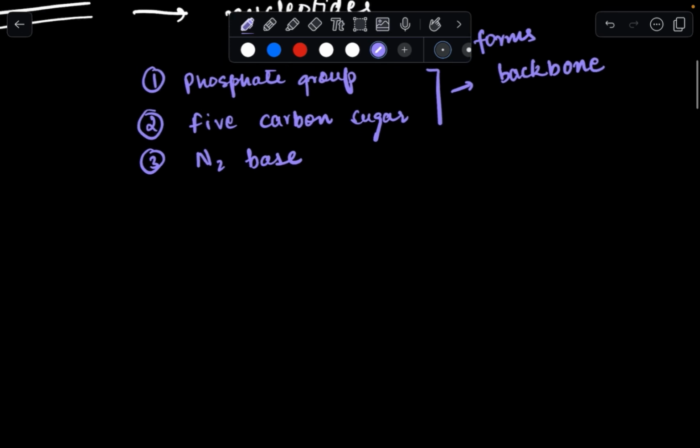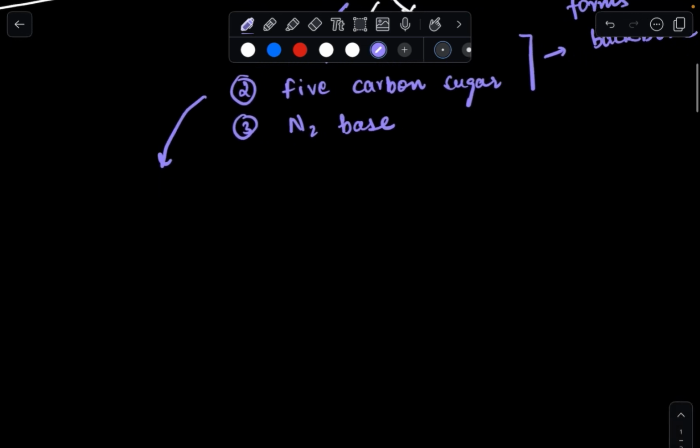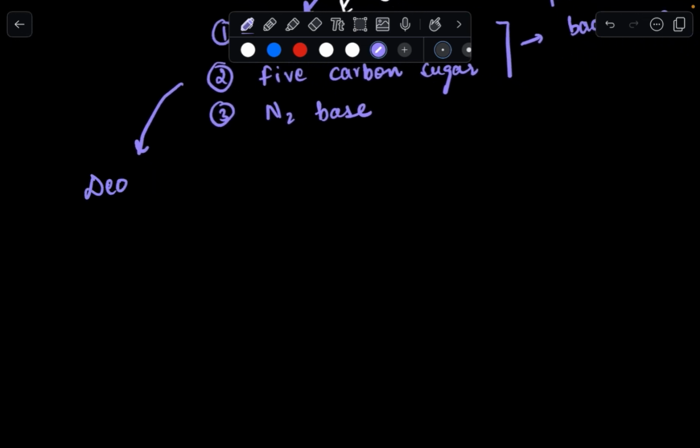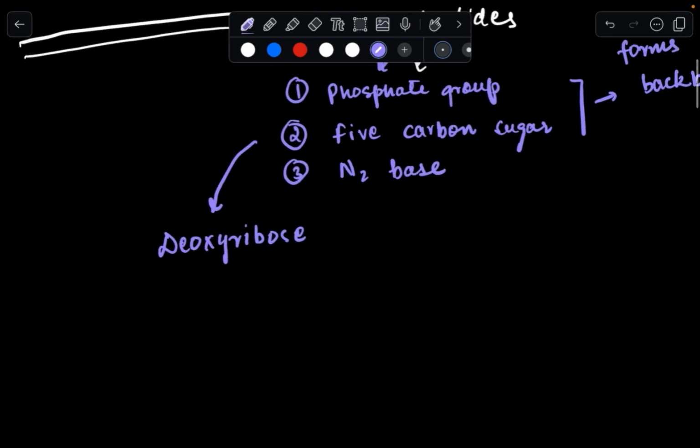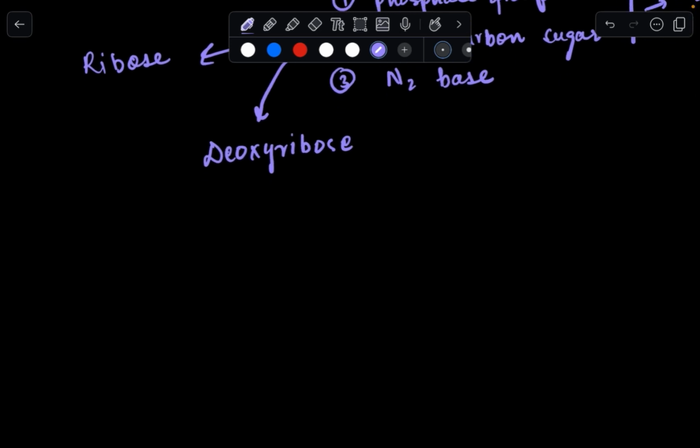In DNA, the 5 carbon sugar is deoxyribose, while in RNA it is ribose. Both are 5 carbon sugars, but deoxyribose has one less oxygen than ribose. So let's see the diagram of ribose and deoxyribose.